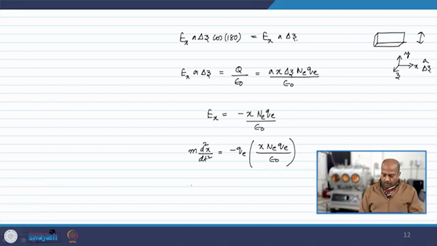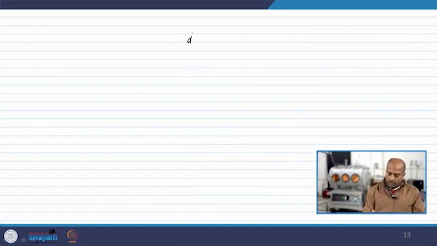Now, what we will do is write this equation as m d square x by dt square plus Qe square Ne x divided by epsilon naught is equal to 0, or d square x by dt square plus Ne Qe square by m epsilon naught times x is equal to 0.